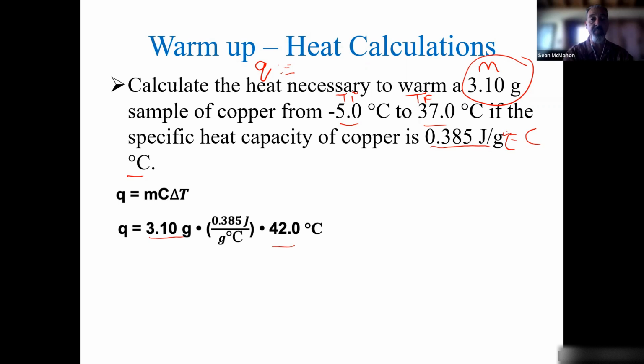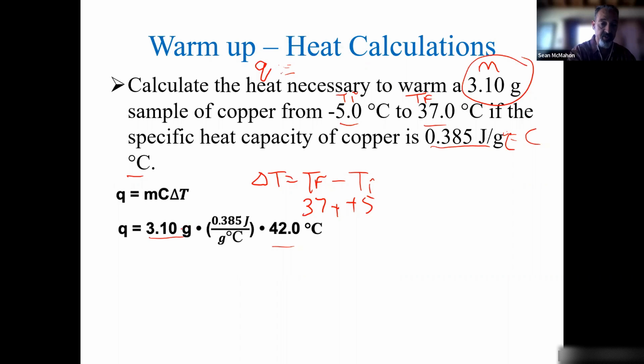How did I get the ΔT? Remember, anytime you see a delta, whether it's delta V, change in volume, or delta T, it's final minus initial. So 37 minus negative 5, using my rules for subtracting a negative, becomes positive, and 37 plus 5 is where I get the 42 degrees Celsius.